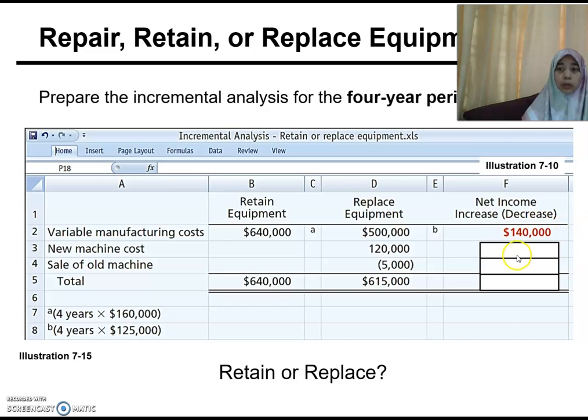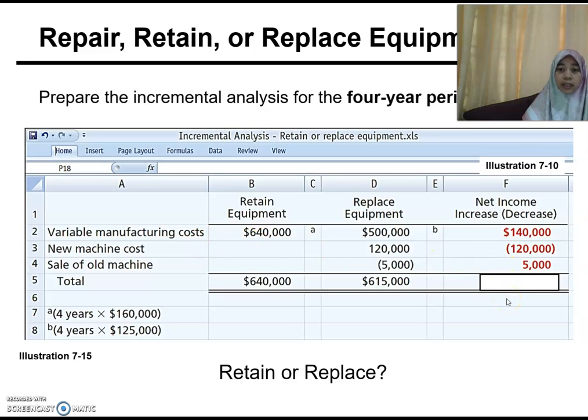So you will have a cost savings of 140,000. And you will incur the cost of purchasing the machine, that is 120,000, and you will get a savings or revenue of 5,000 if you sell the old machine.